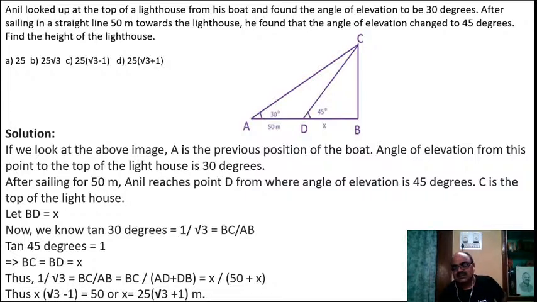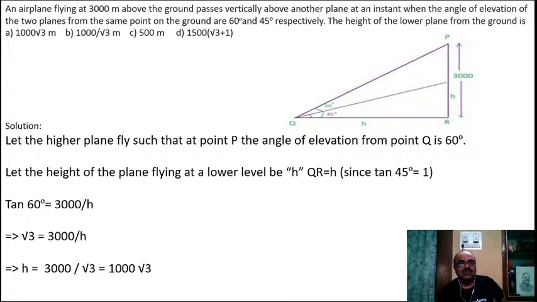Hope this concept is clear to you. I'll go with one more problem. Friends, an airplane is flying 3000 meters above the ground, passes vertically above another plane. Interesting one.